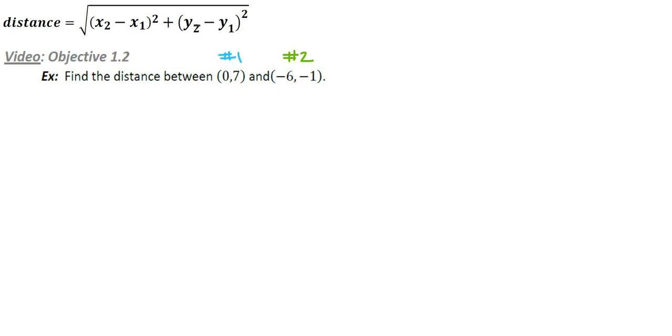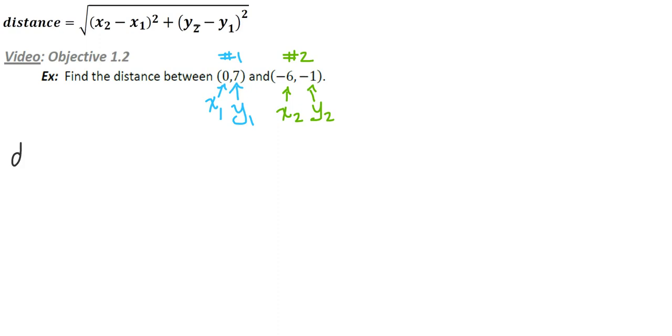I can think of the x-coordinate of 0 to be the x-coordinate of point number 1, and the 7 here will be the y-coordinate of point number 1. And then over here on this point, -6 is the x-coordinate of point number 2, and -1 is the y-coordinate of point number 2.